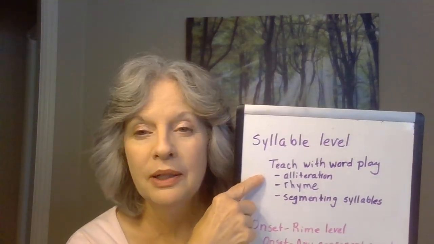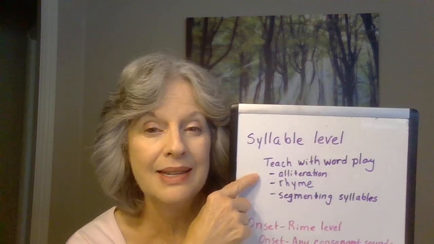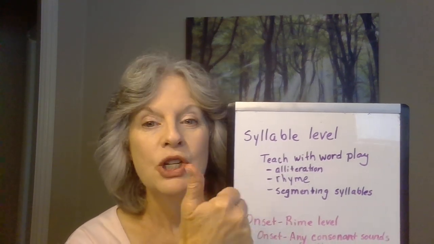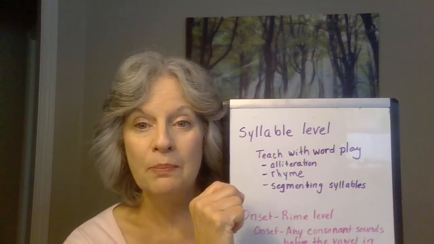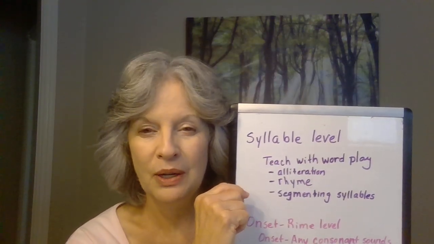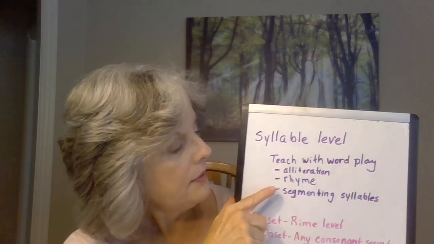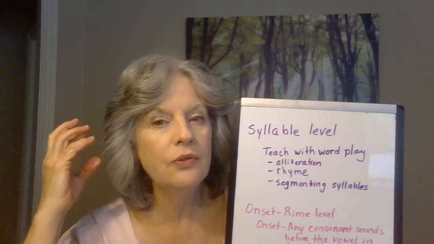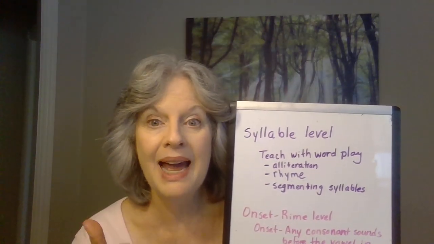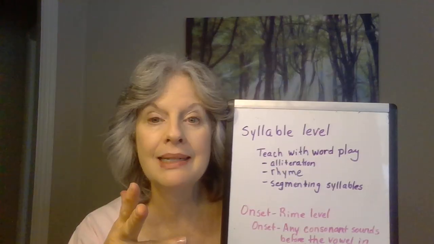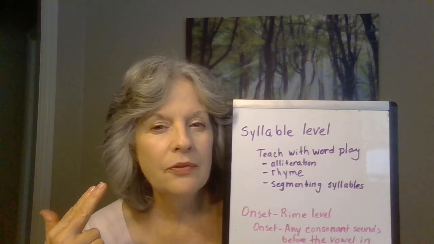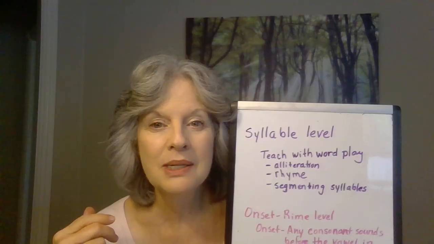Just to review, alliteration is words that have the same sound at the beginning, such as she sells seashells by the seashore, all starting with S. And then we also do a lot of rhyming, so children hear that ending sound that's the same. The cat sat on the mat. Cat, sat, mat. Those have the same sound at the end.